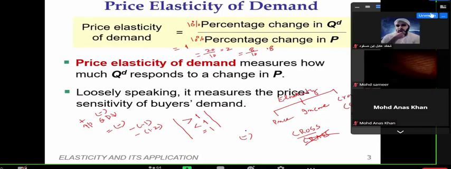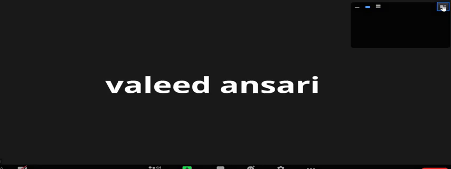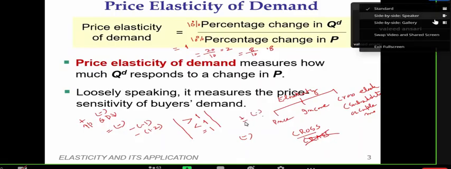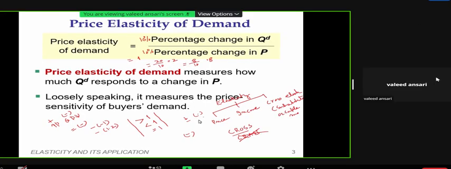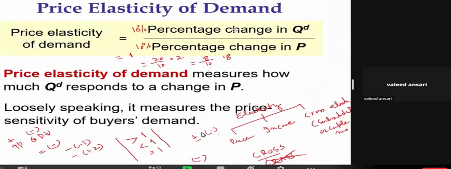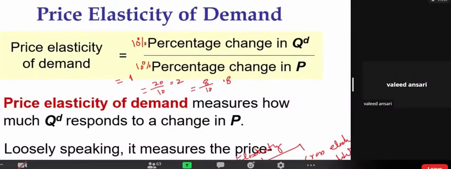Similarly, plus or minus will have a meaning about whether the good is a substitute or a complement. For instance, if you get a negative coefficient while calculating cross elasticity of demand, then it implies that the goods are complements. If it is positive, then it means that the goods are substitutes. So that is why you will retain the sign.